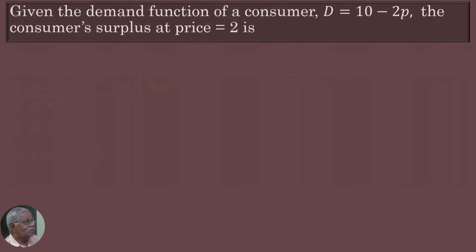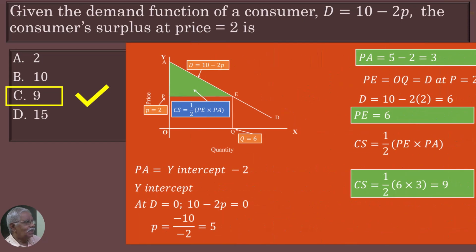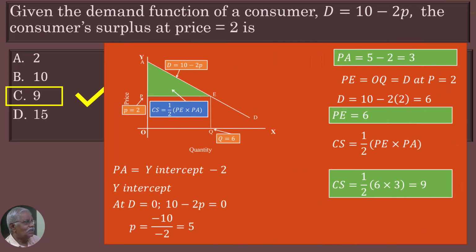Given the demand function of a consumer D equal to 10 minus 2P, the consumer's surplus at price 2 is 2, 10, 9, 15. Correct answer is 9. How? It merits a calculation. Look at this diagram. There is a shortcut to solve this kind of problem. It's a linear demand function.